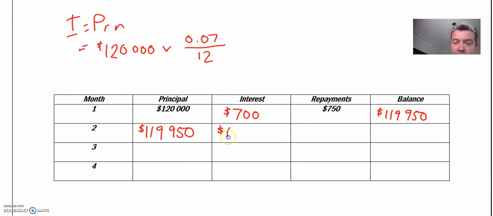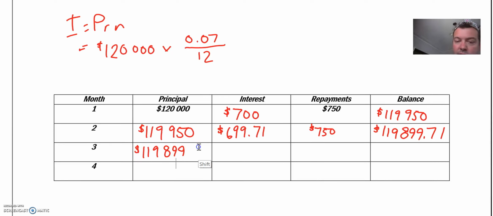It's now $699.71. Same repayment, $750. This plus this minus this equals 119,899.71. Now remember, I transfer this figure down to here, 119,899.71, and I just keep working along.